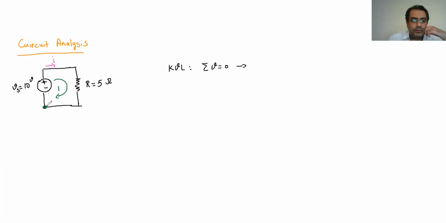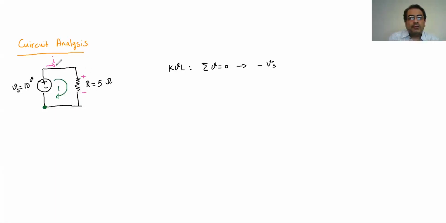So if I start from here, I first hit the negative sign. So it's going to be negative. Then it's going to be Vs. And if I keep rotating, I goes from this direction. Remember, I always goes from positive to negative, because I chose the I goes this way.